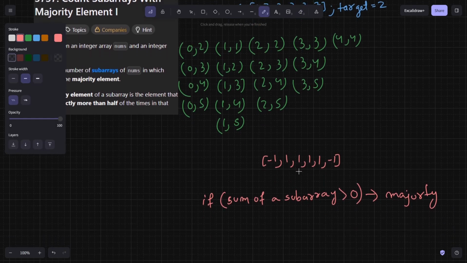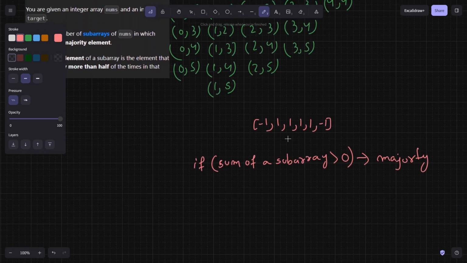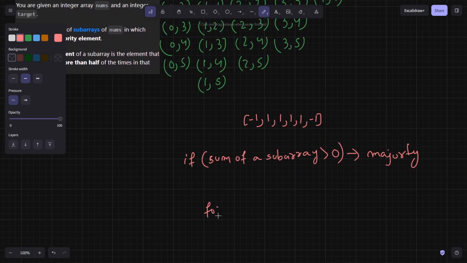So how are we going to calculate this? Simply double iterate over the loop, considering for i equal to 0, i less than n, and i plus plus.